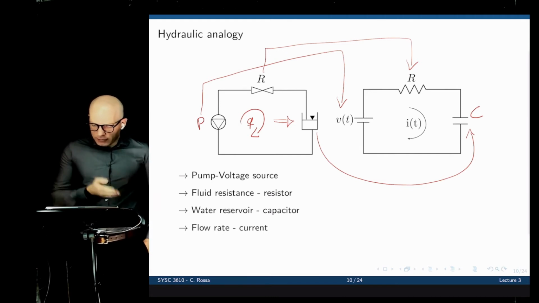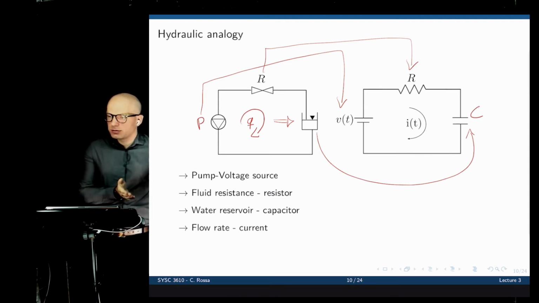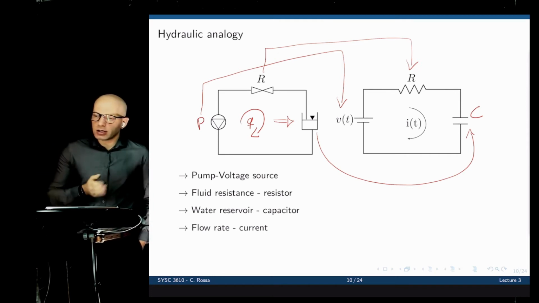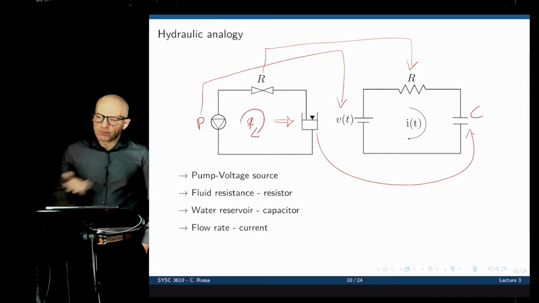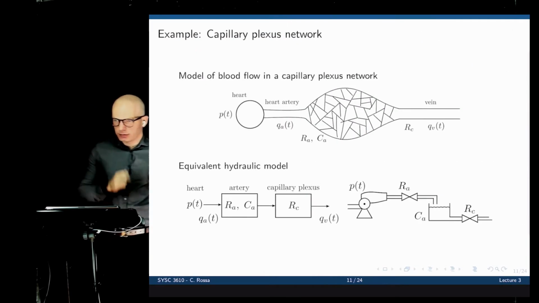And the flow rate is the current in the system, right? Same analogy that we did before. So if you don't want to model a hydraulic system, create the equivalent electrical system, and we can model them that way. Okay. Let me give you a more concrete example of this.